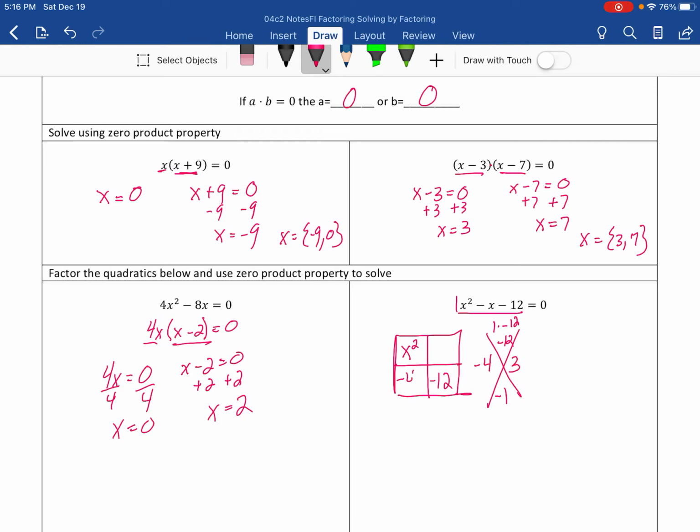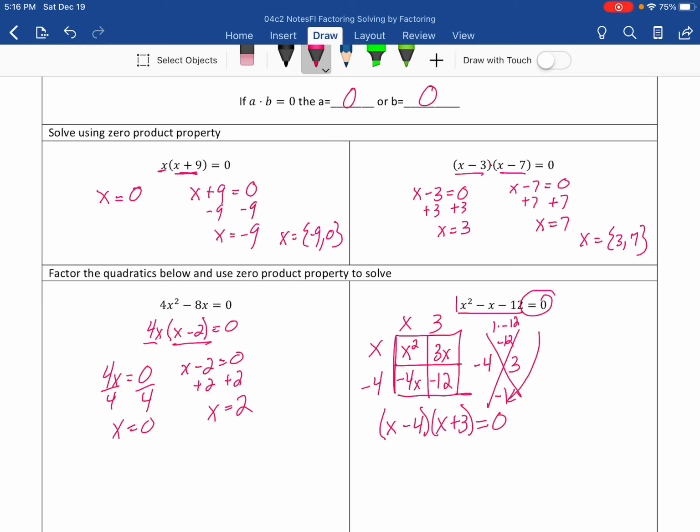You can use Desmos, but it ends up being -4 and +3. So greatest common factor is x, greatest common factor is -4. This is going to be 3. So my factored form for this is going to be x minus 4 times x plus 3.